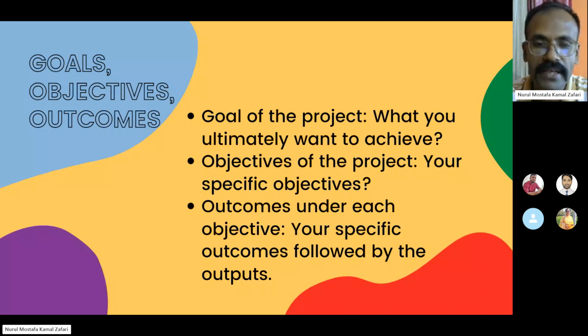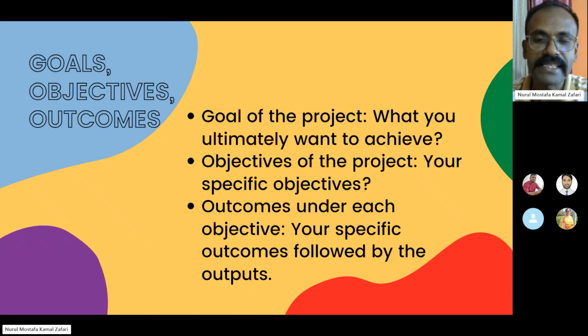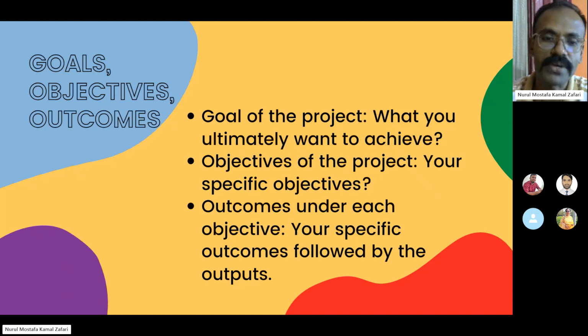Then we need to write the goals, objectives, and outcomes of the project. Goal is long-term change or long-term impact. Objective is the specific thing you want. Outcome is the specific result which will be achieved by outputs and which are preconditions of objectives.